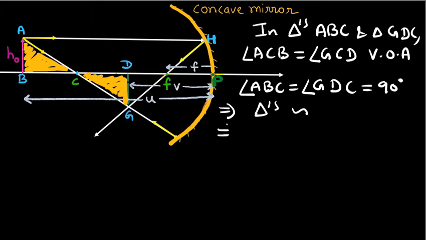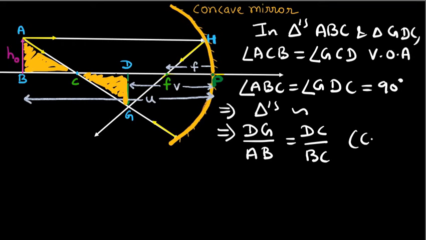And if triangles are similar, the corresponding parts are proportional. So DG by AB is equal to DC by BC. This is by corresponding sides of similar triangles, which are proportional.